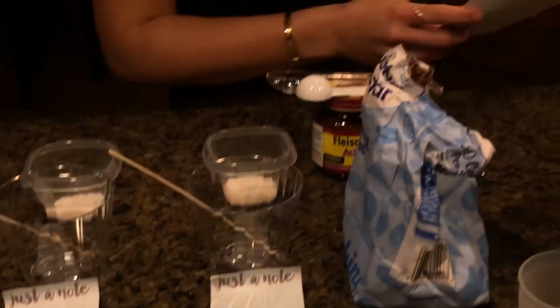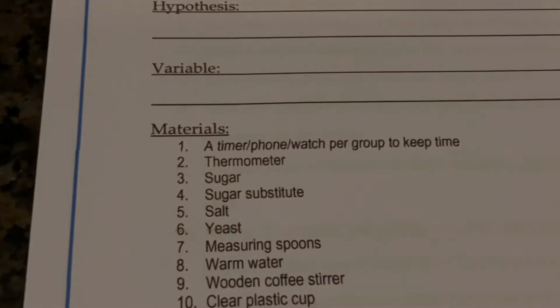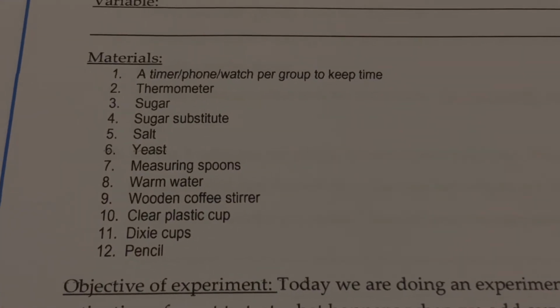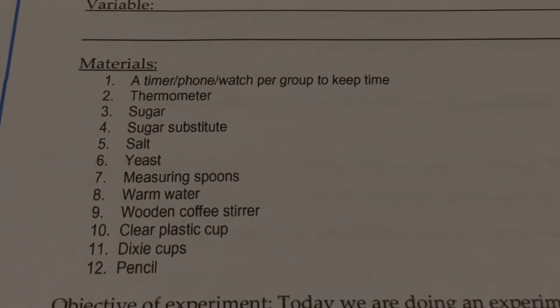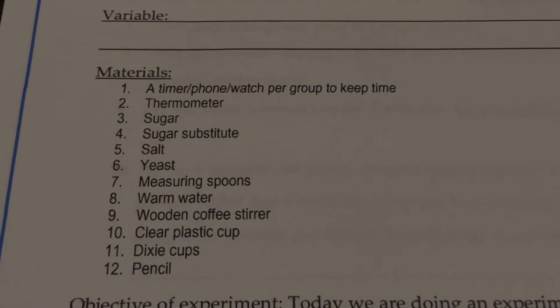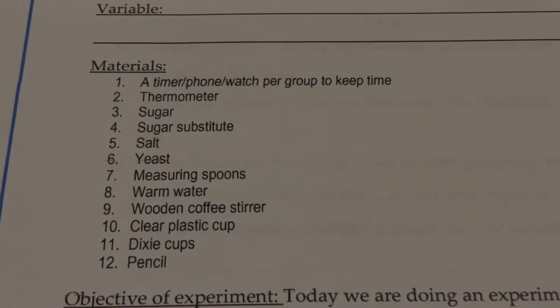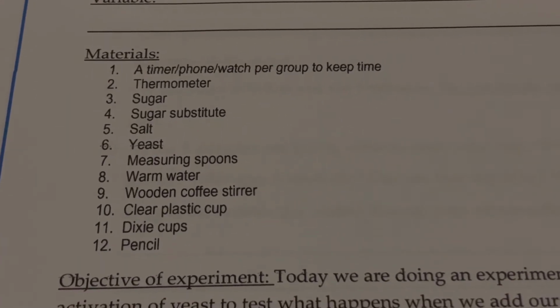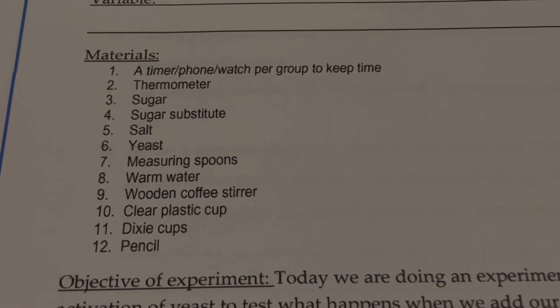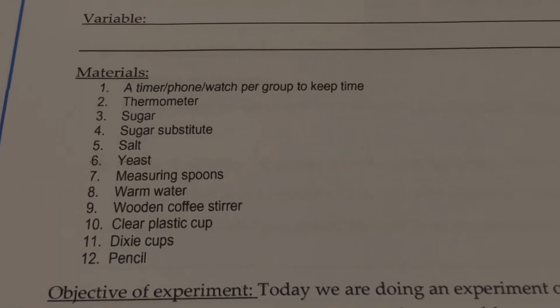So I'll briefly go over the materials list really quick. We will need a timer or phone or some sort of watch per group to keep the time. A thermometer, which I've already used to make sure the water is warm enough. We have our sugar substitute, which is Splenda, salt, which is iodized salt, and we also have yeast.